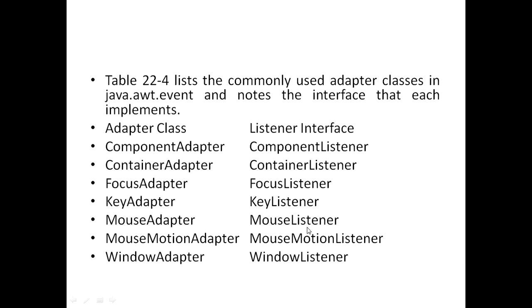Means for all these types of listeners, these are the adapter classes available. And if you extend these adapter classes, of the methods available in these interfaces, you can override only the ones you are interested in and skip the others.